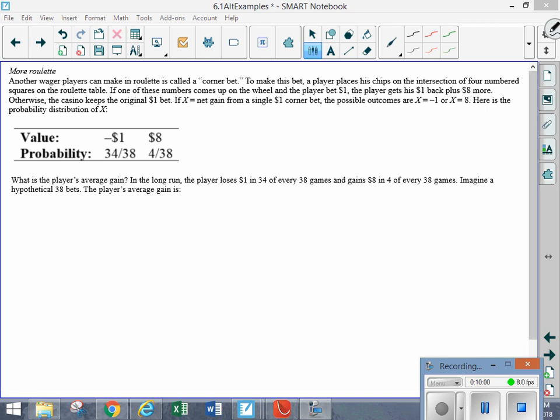Anyhow, there's a bet called the corner bet, right? And you're betting on one of four numbers being chosen. Seems like you get some better odds that way, possibly. So if you win, you get $8. If you lose, you lose $1, right?